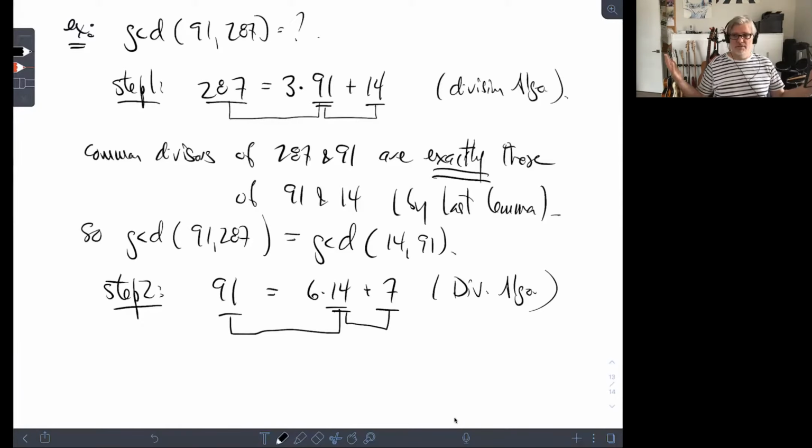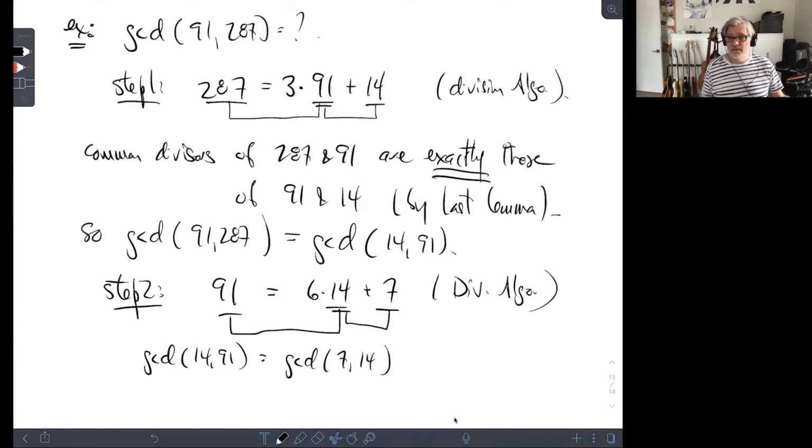And you see we're done, right? So the GCD of 91 and 14 is the same as the GCD of 14 and 7. And what's the greatest common divisor of 7 and 14? Of course, it is 7.